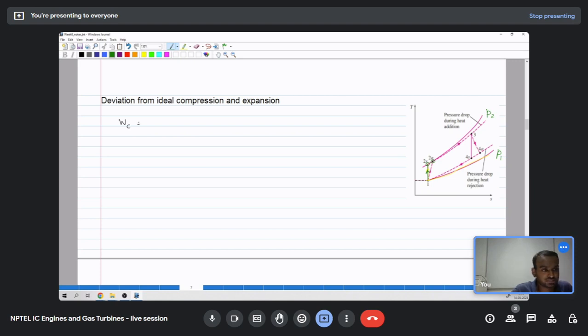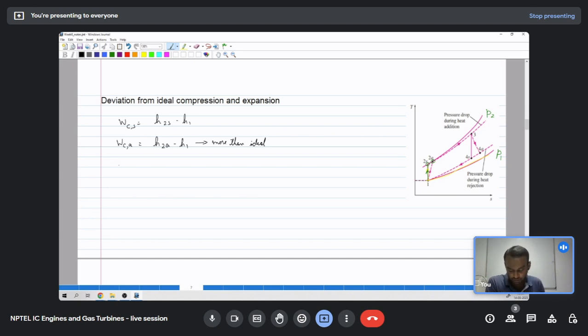These two states, 2s and 2a, lie on the same isobaric line, but the entropy is a little higher and the temperature is also higher. The isentropic compression work is H2s minus H1, but in the actual cycle the compressor work is H2a minus H1. So the actual work input is more than the ideal case.